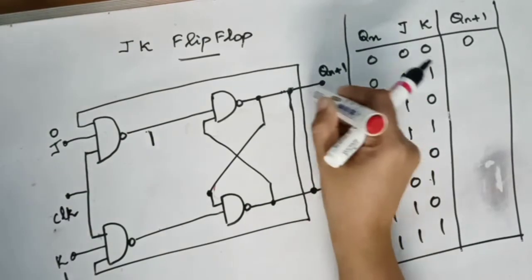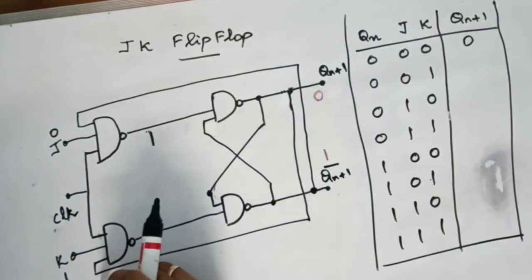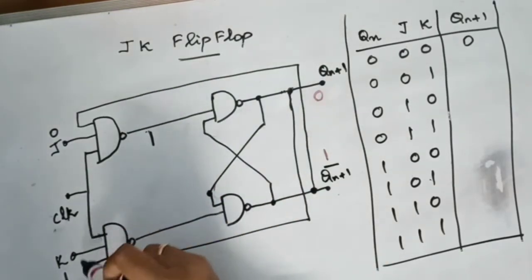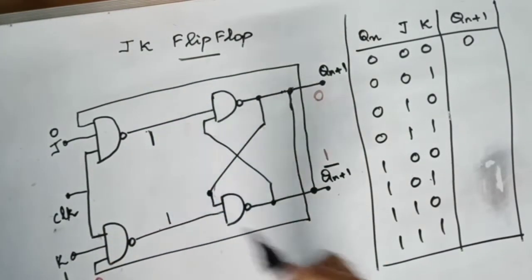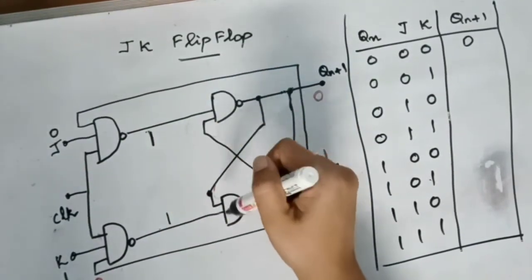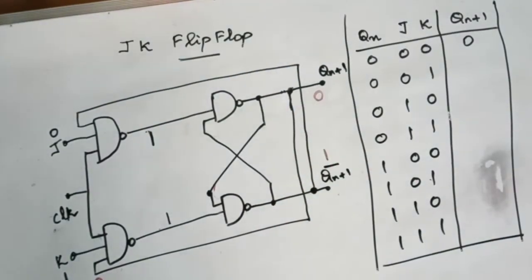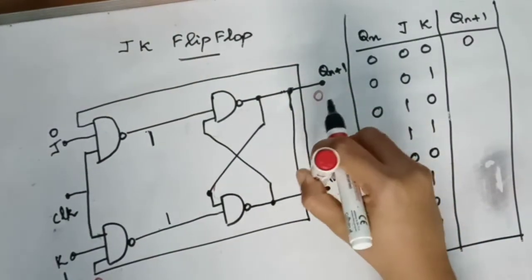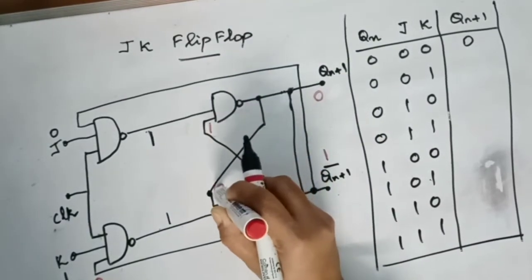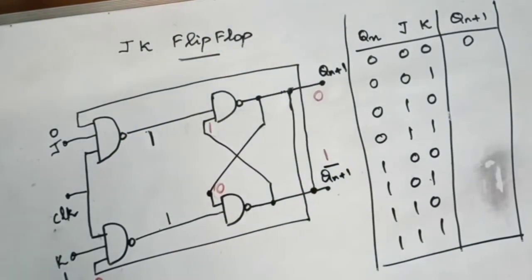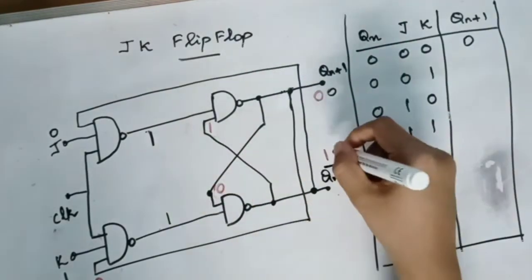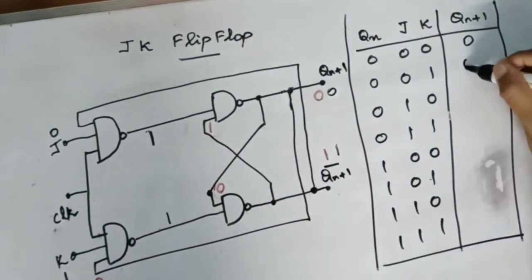This particular 0 comes from the previous state. So 1, 1, 0 is again a 1. If these two NAND gates get 1 each, then you have to see the previous state. Only then can you predict the output. So this is a 1 and this is a 0. 1, 1 gives a 0, and 1, 0 gives a 1. So again this is a 0.